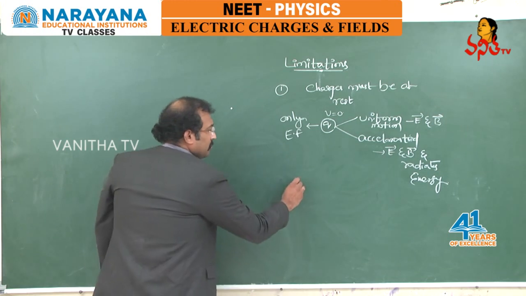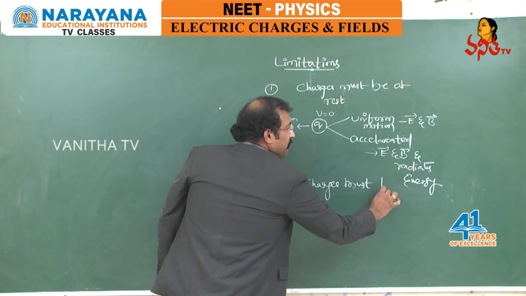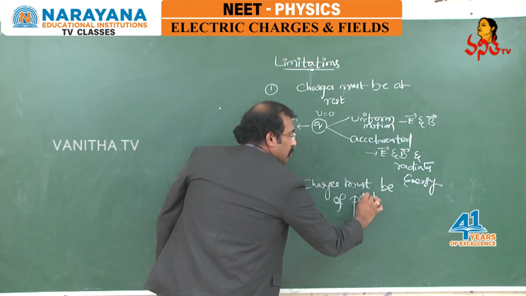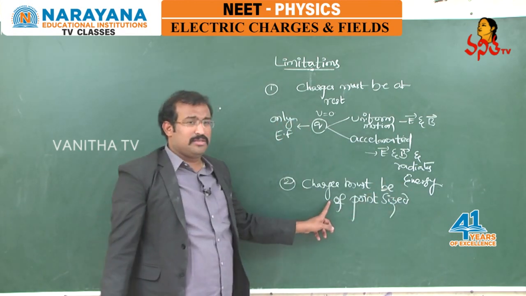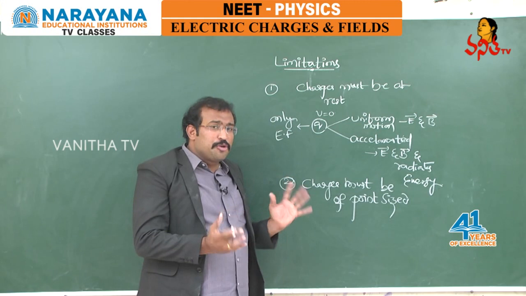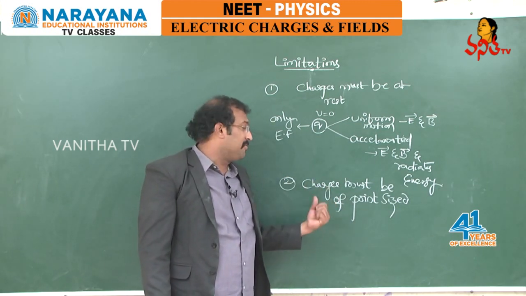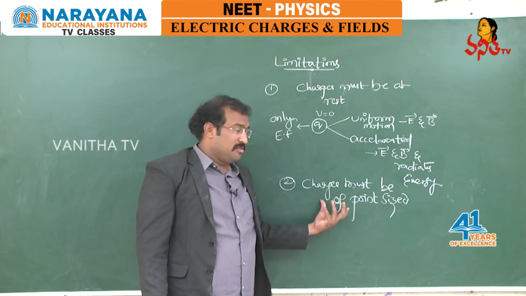The second one, charges must be of point size. Why must they be point charges? If the charges are distributed on a surface, there will be an effect of induction.